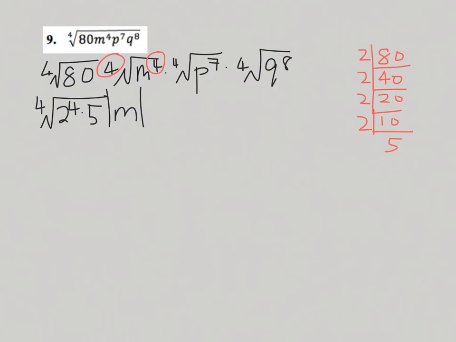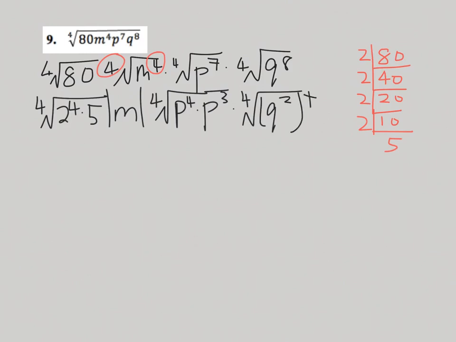And for the fourth root of p to the seventh, I can break down into the fourth root of p to the fourth times p to the third. And for q to the eighth, let's break it down into q squared to the fourth.